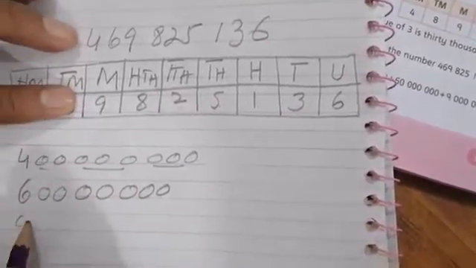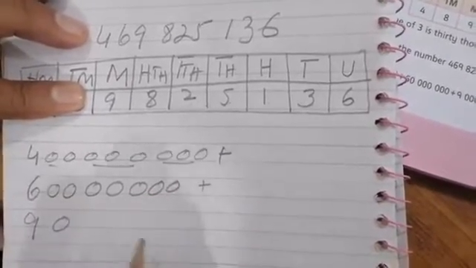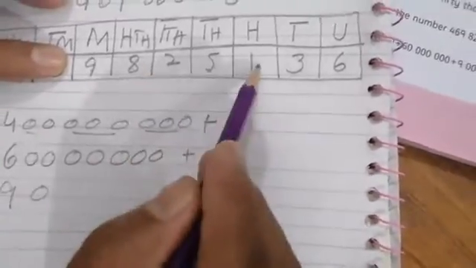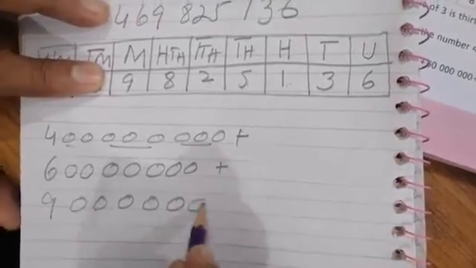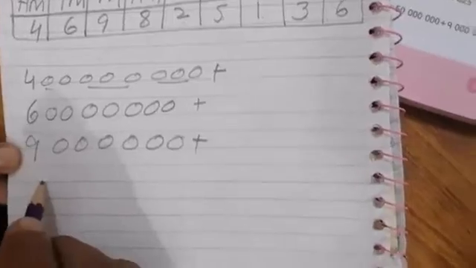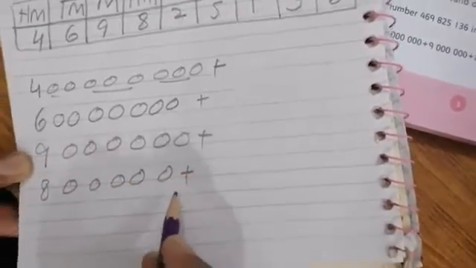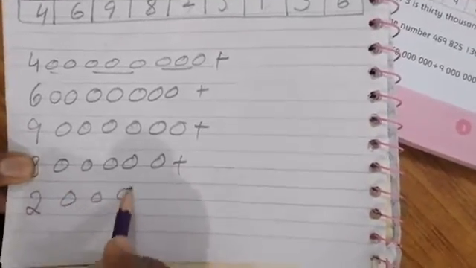Now you have to write 9 plus, we'll put plus here, right? So 9 and 6 zeros will be there, plus, then you have to write 8 with 5 zeros, then you have to write 2 with 4 zeros, plus 5, right?